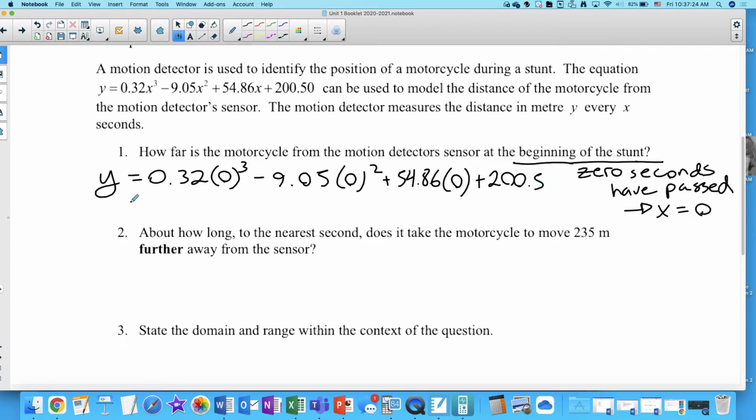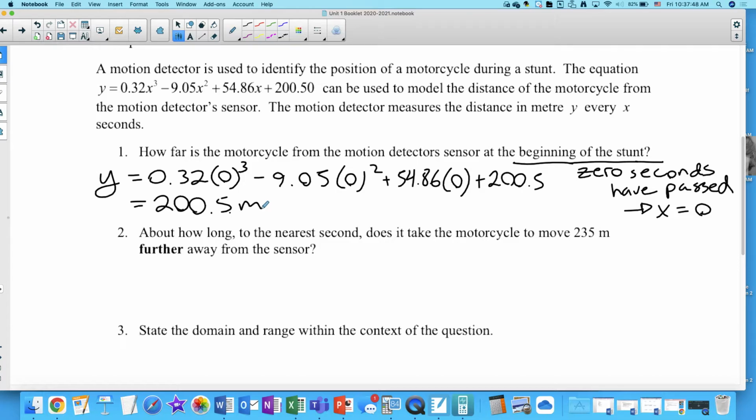When x is 0. The y-intercept, right? This is the y-intercept. I talked about the y-intercept often being the initial value of the function if one of the variables is time. So this is the initial distance of the motorcycle from the motion detector.